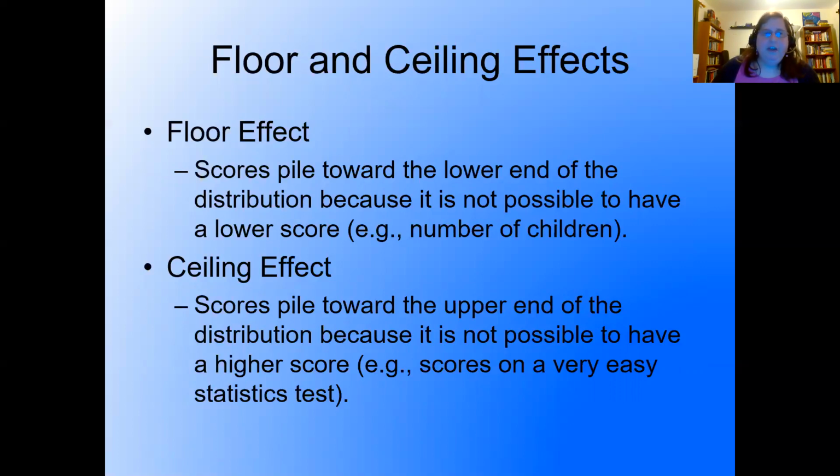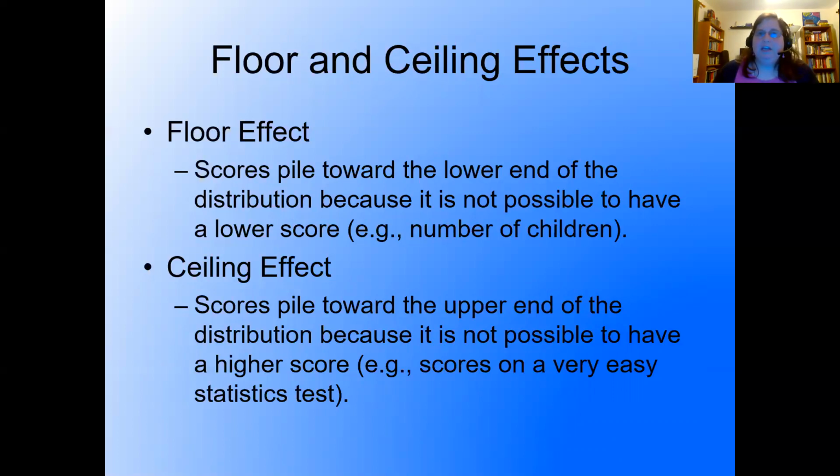A ceiling effect is when scores pile up toward the upper end or the higher end of the distribution because it's not possible to have a higher score, such as scores on a very easy statistics test. Okay, so if you had a very, very easy test, and you just knew it, and it was really easy, and all your classmates felt the same way, then what would you find?